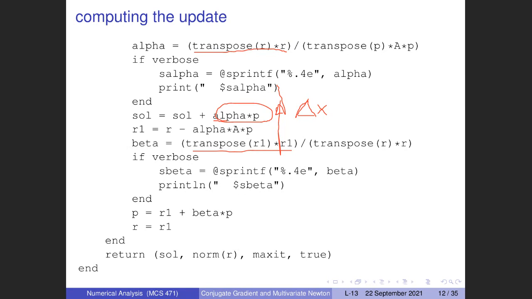So the alpha is directly proportional to the size of the update. There is the update of the solution, and then there is the update of the direction, for which the beta coefficient is being used.